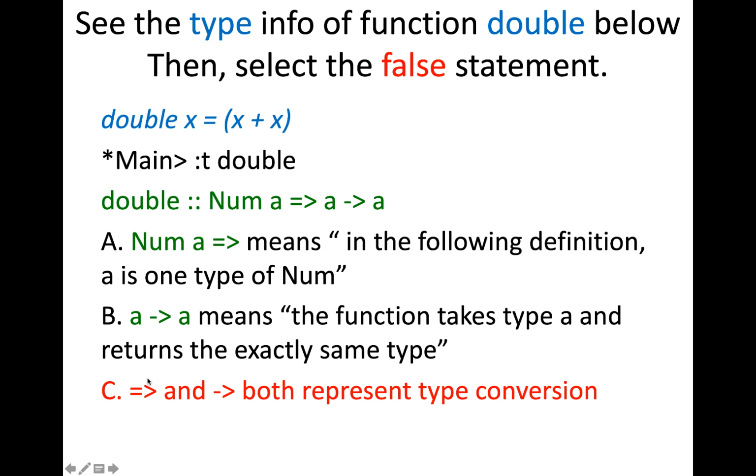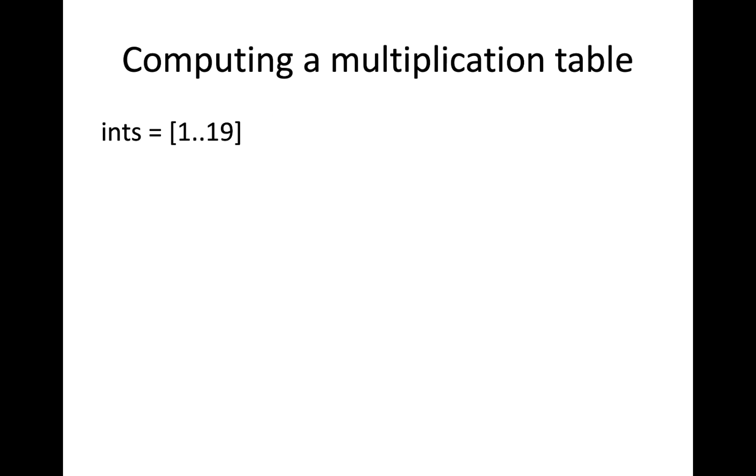That sounds correct. C says this symbol and this symbol both represent type conversion. That is not correct, because this is the real type conversion from input which gets converted to output, and this symbol is just a separator between this piece of information and that piece of information, so it's really not that important, this separator symbol.